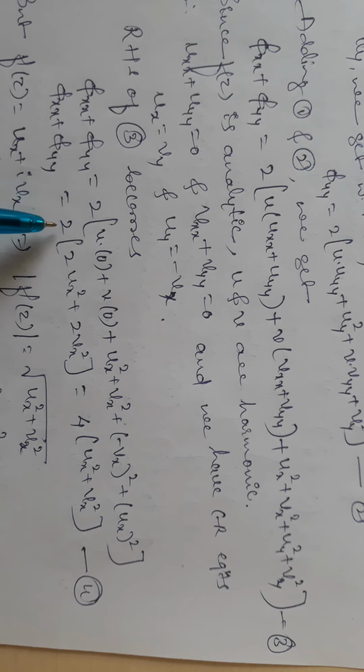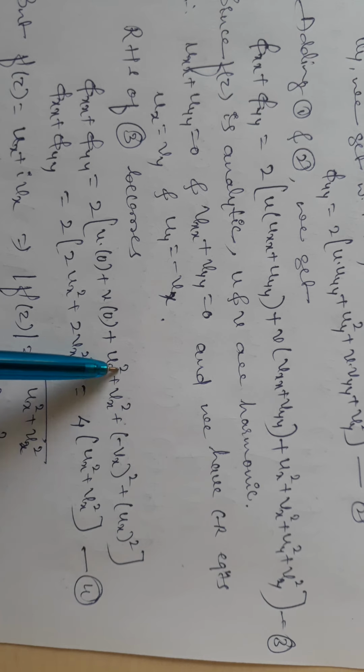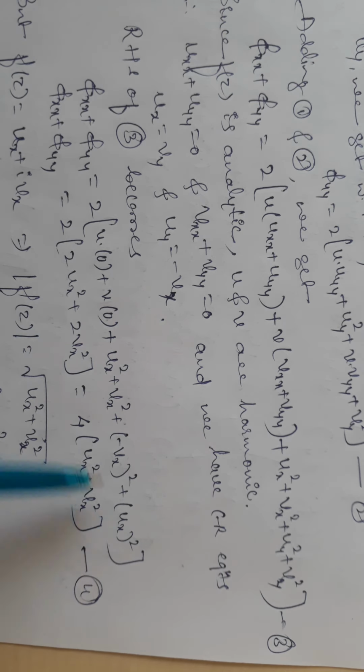Therefore, simplifying, 2 times ux square, and this is ux square, 2 times ux square, plus vx square and vx square, therefore 2 times vx square. So I can take 2 common out, then 4 into ux square plus vx square. We can call this equation number 1.